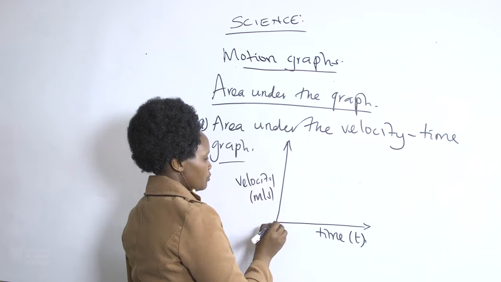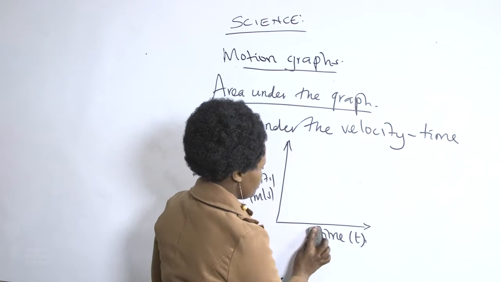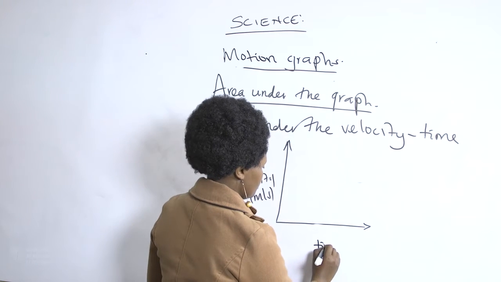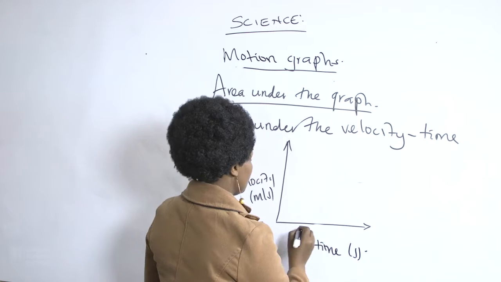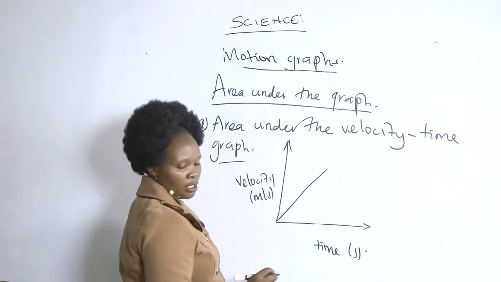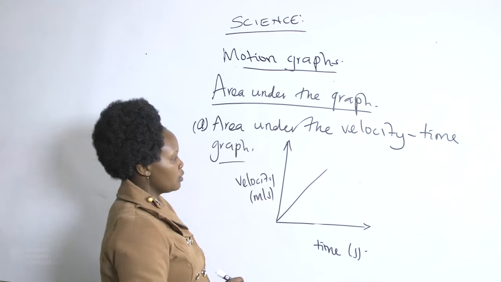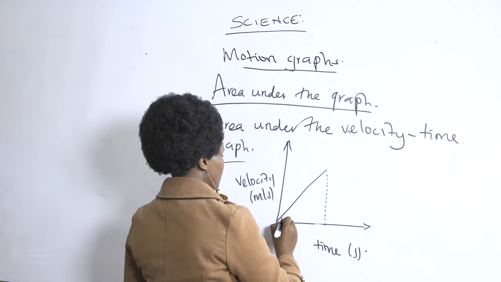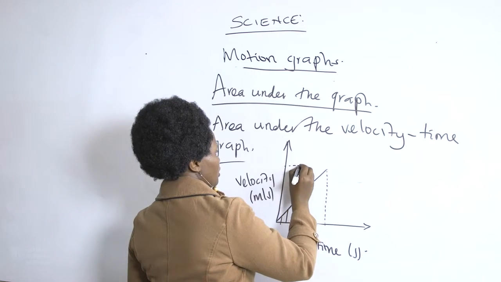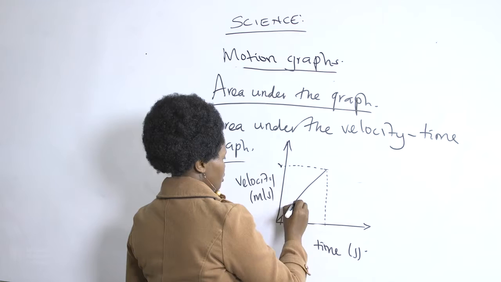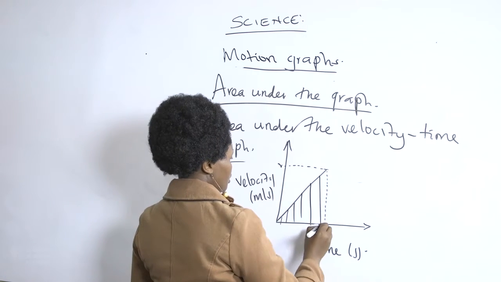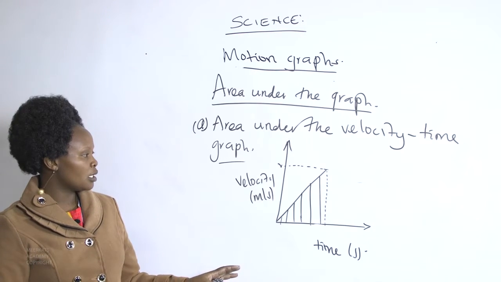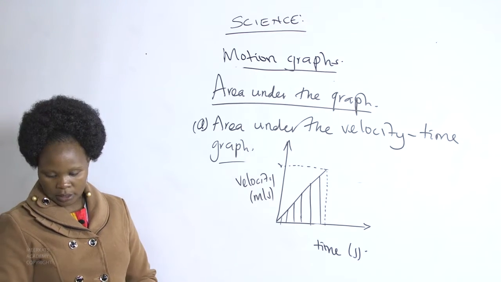Then we have a straight line, and now we are interested in this area, the area under the graph.